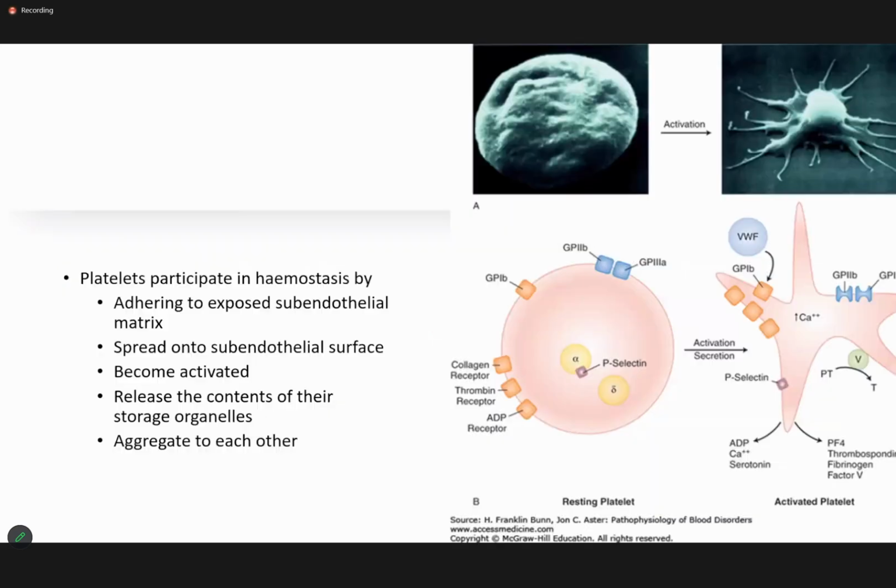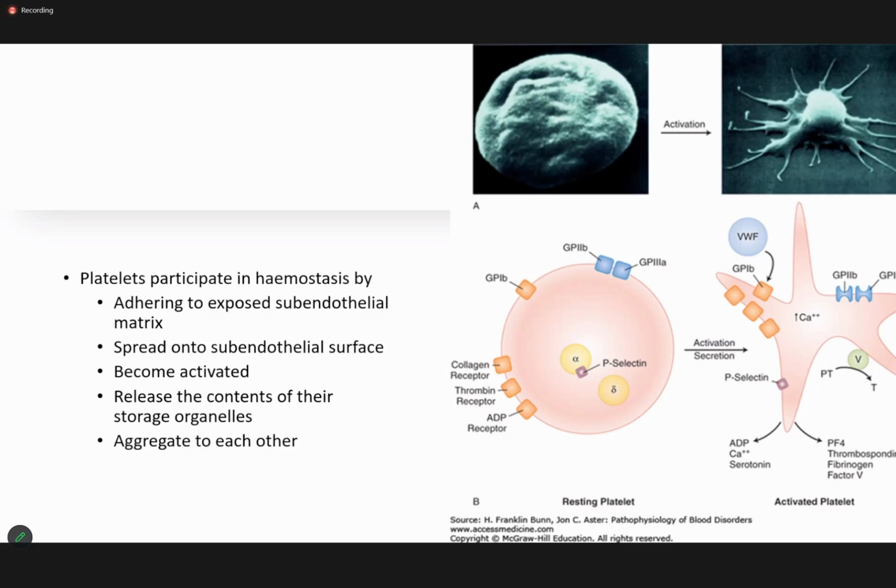Platelets participate in hemostasis by adhering to the exposed subendothelial matrix, then they spread onto the subendothelial surface and become activated. When activated, they release the contents of their storage organelles, and subsequently promote other platelets to come to that particular area and aggregate to each other.